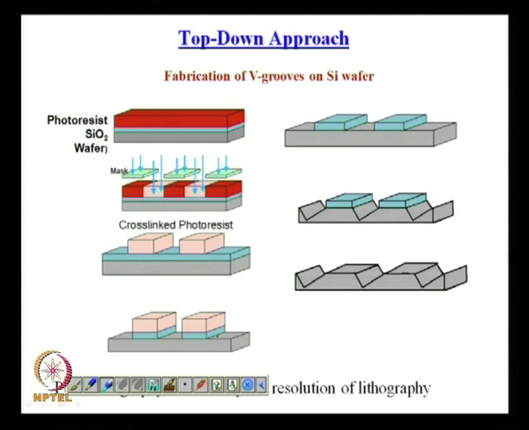So, here you have the exposed silicon, and some portion of the silicon which is not exposed, which is protected by silicon oxide. So, you have achieved the first part of your objective, that is you have protected the areas where you do not want to etch any silicon, and exposed the areas where you would like to do something.